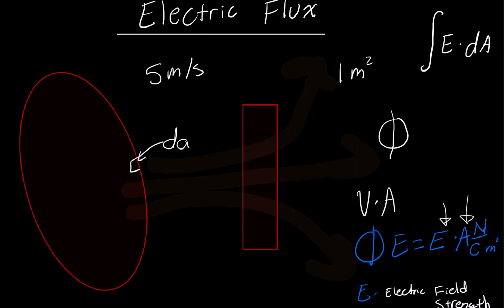That's more of the general formula, okay? So this formula that we have down over here, this is more of a specific formula in which everything is perfect. The flow, or the electric field, is going in a perfectly uniform manner. But in reality, the majority of the times it's not like that.